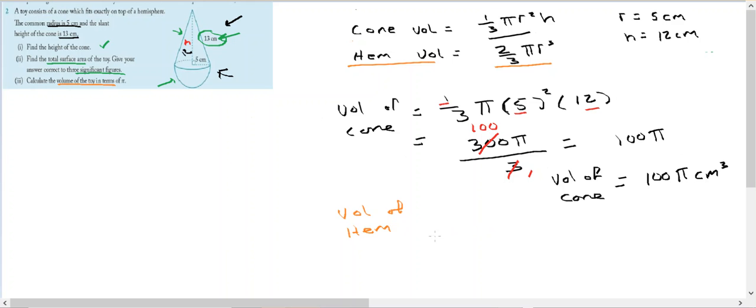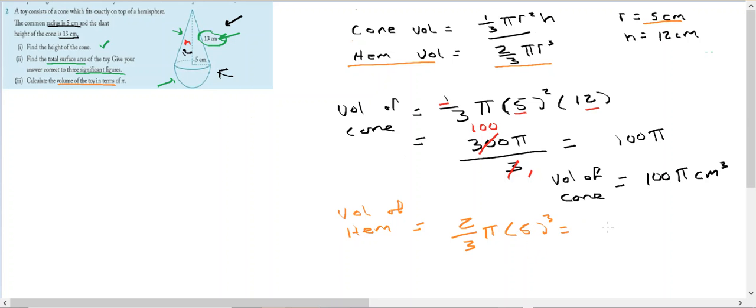So the volume of the hemisphere, I'm just abbreviating it, HEM, is going to be equal to 2/3 times pi times the radius cubed. The radius is 5 centimeters, so it's going to be 5 cubed. Then we want to multiply this. 5 cubed is 125, just 5 by 5 by 5.